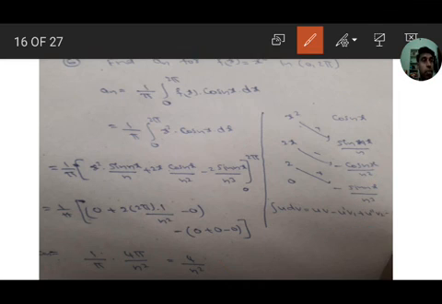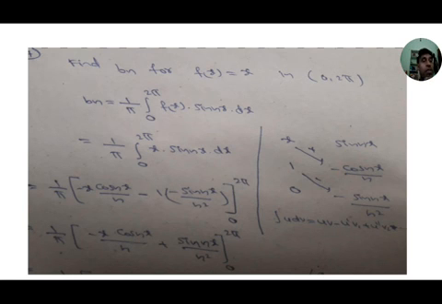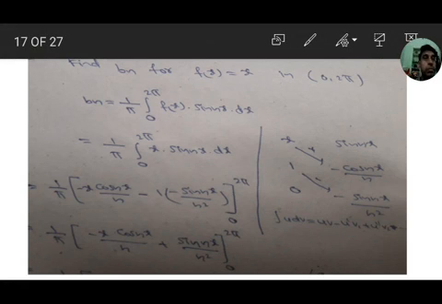Okay, next problem. Find bn for f of x in 0 to 2 pi. So we need to find bn value for the function f of x equal to x in the interval 0 to 2 pi.